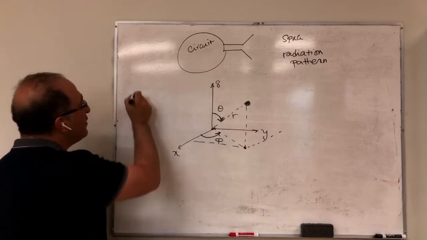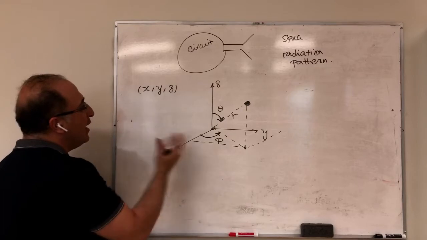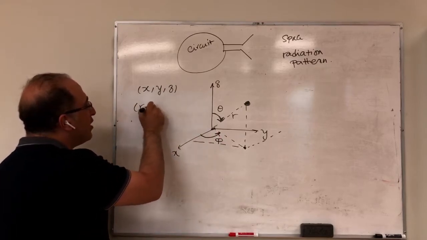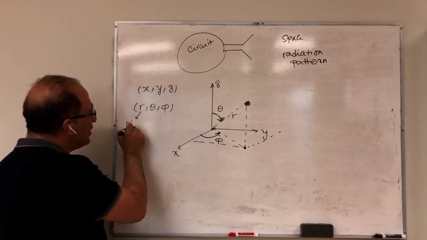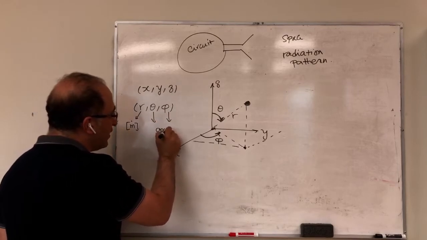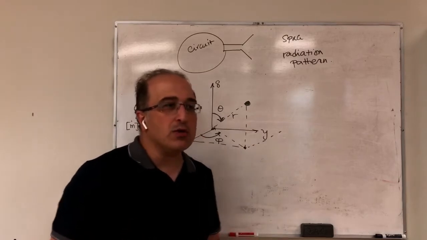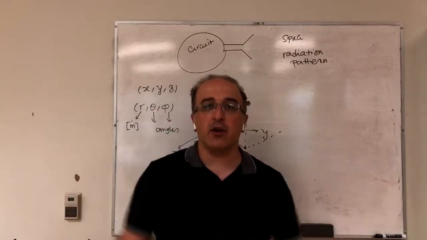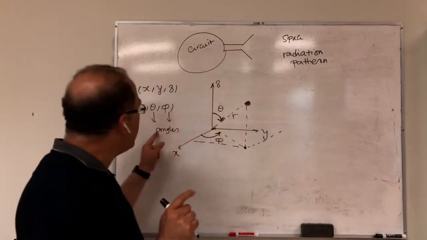So essentially, if you have a point in Cartesian coordinates x, y, z, the corresponding thing in spherical coordinates is r, theta, and phi. r is distance, so in meters, and these are angles. And the radiation pattern essentially shows how the radiated field or power from the antenna changes as a function of these two angles, theta and phi.